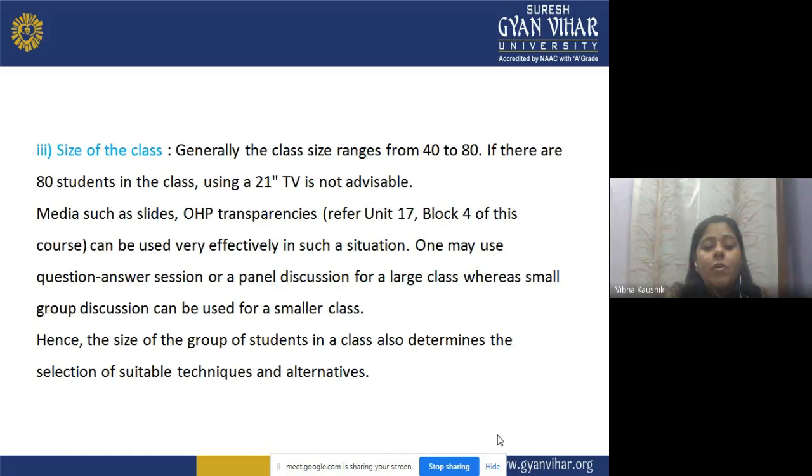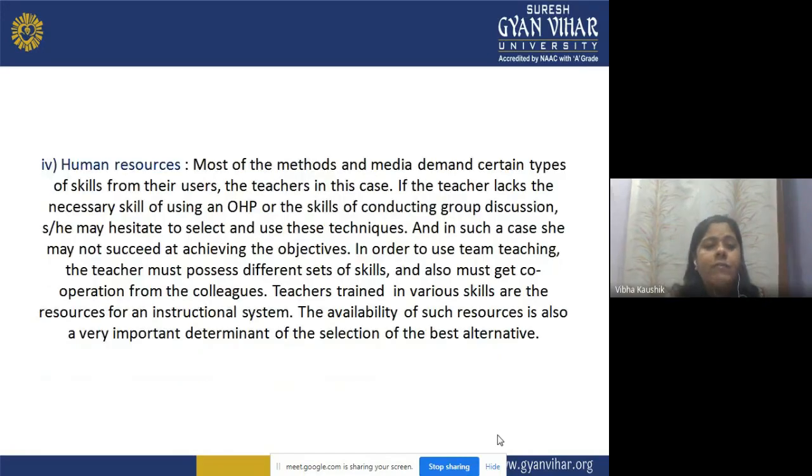The size of the group of students in a class also determines the selection of suitable techniques and alternatives available. Human resources: most methods and media require certain types of skills from their users.